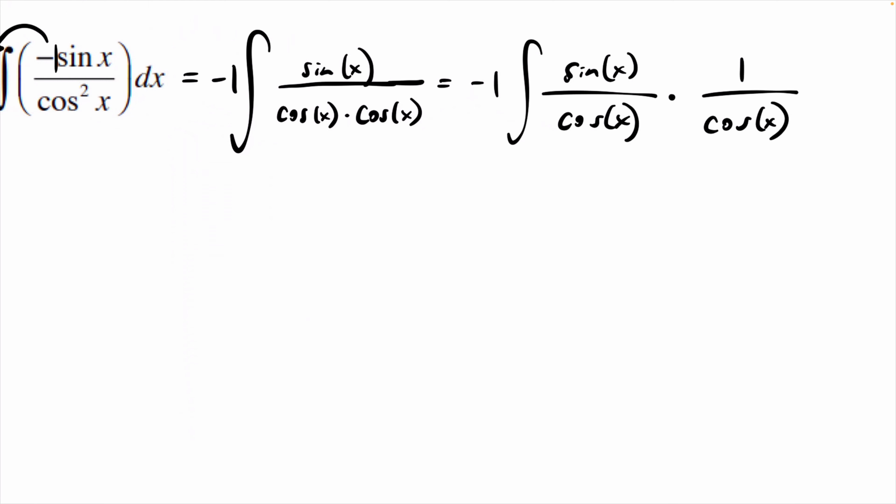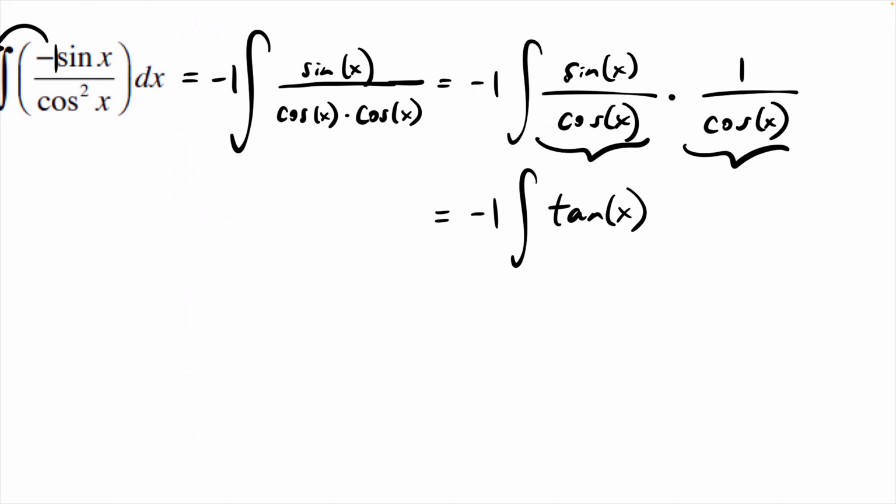The reason I did that: what is sine of x divided by cosine of x? Tangent. And what is 1 over cosine of x? Secant.